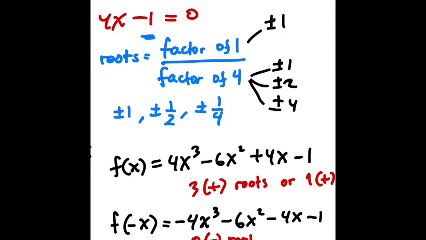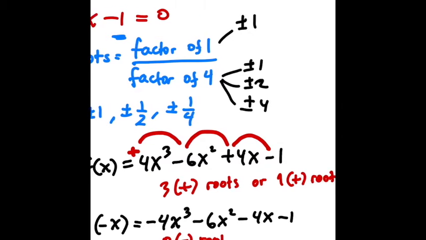So this is positive, right? We count this as 1, this is 2, this is 3. So 3 changes. If we have 3 changes, the possible number of positive roots is 3 or 1. So it's basically Descartes' rule. So 1 is from 3 minus 2.